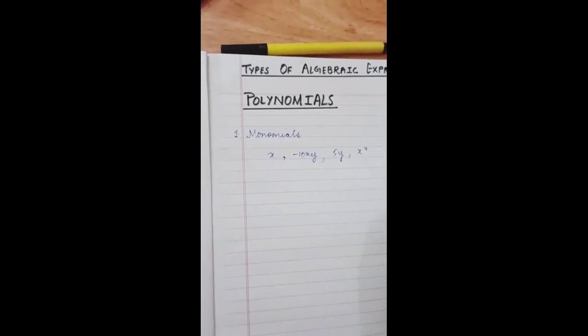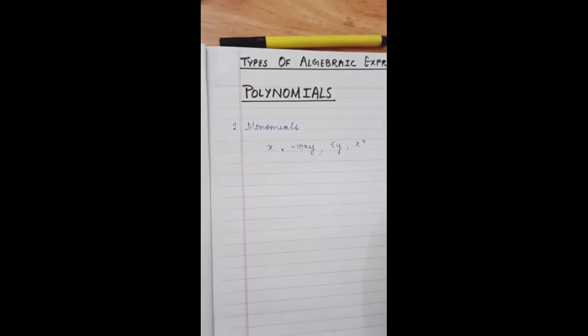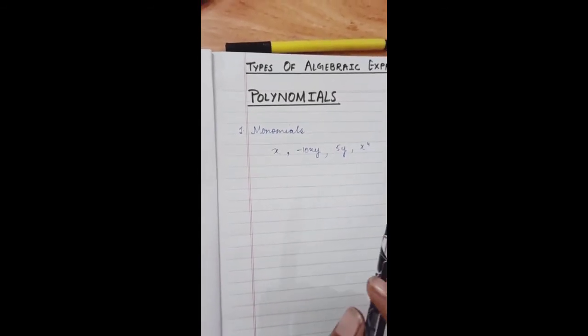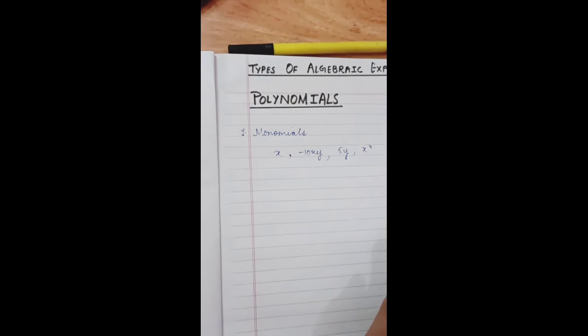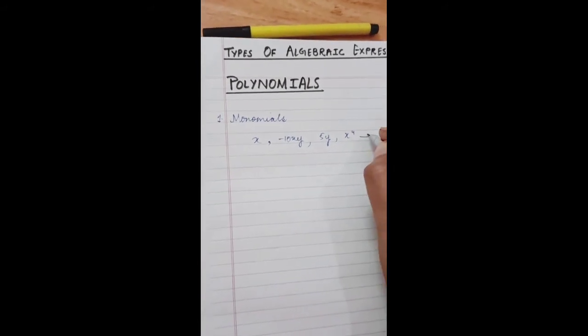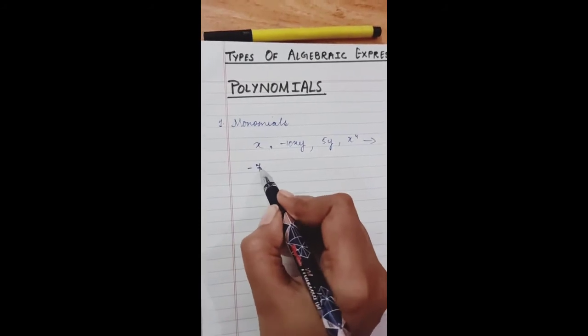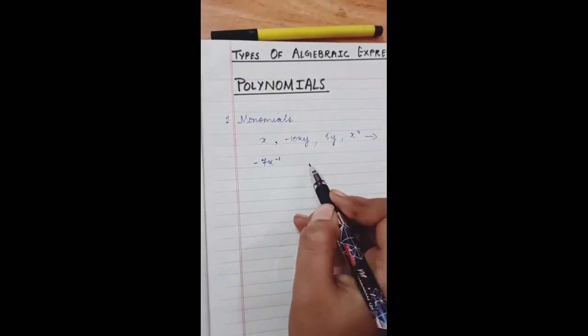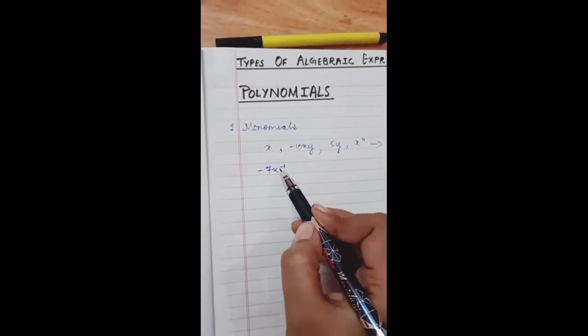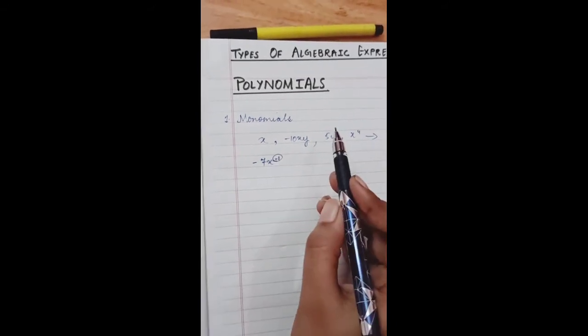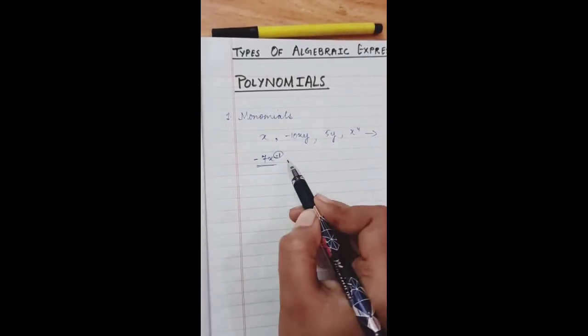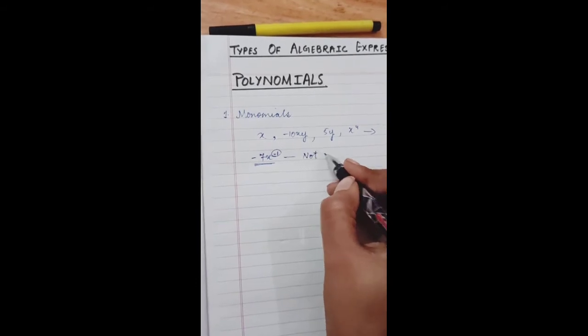These are monomials. Now if I talk about minus 7 x to the power minus 1, here the exponent is not a whole number, so this is not a monomial.